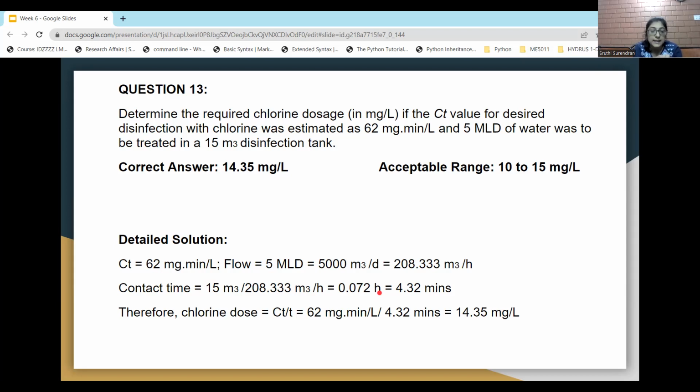Now, since we have the CT value, if you divide the CT value by this contact time, you will get the concentration of chlorine that is required to be applied into water, the chlorine dosage, which is 62 divided by 4.32, giving 14.35 milligram per liter. Kiran, again, your answer is right. This will be the chlorine dose computed from the data provided.